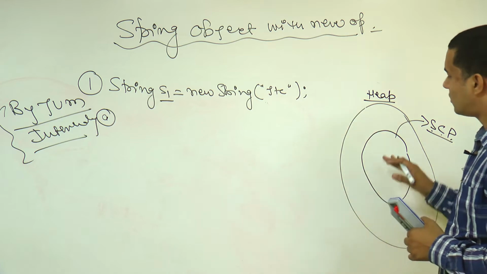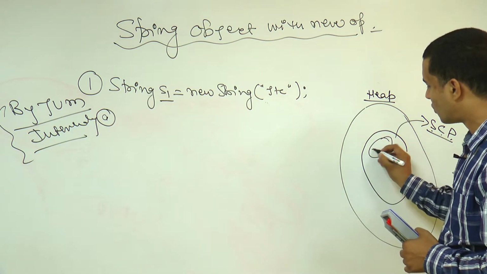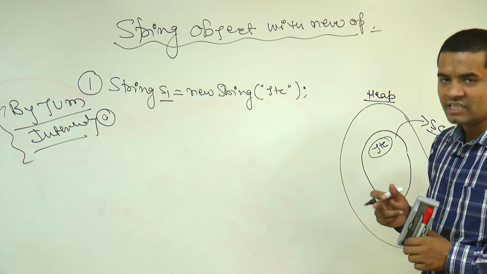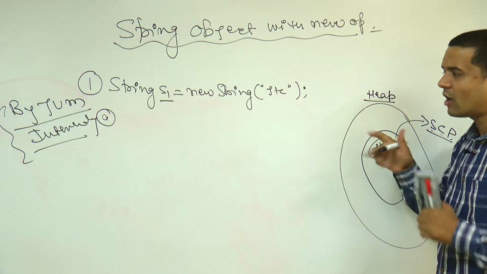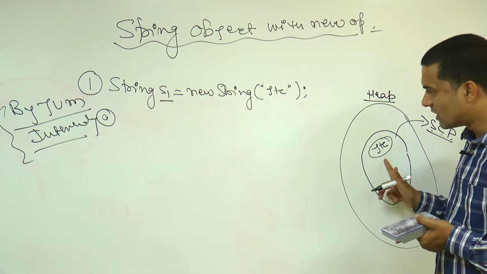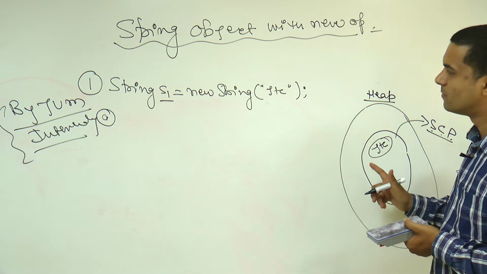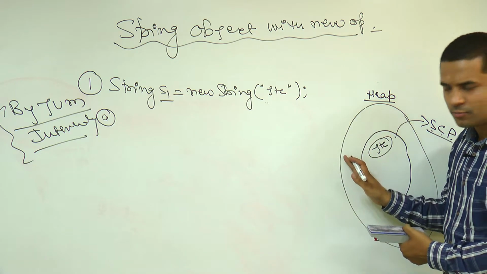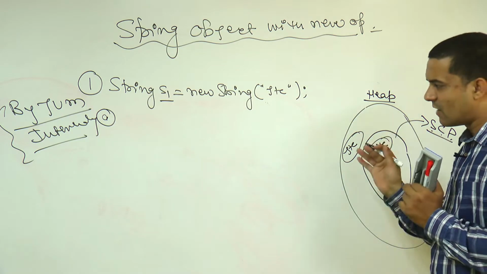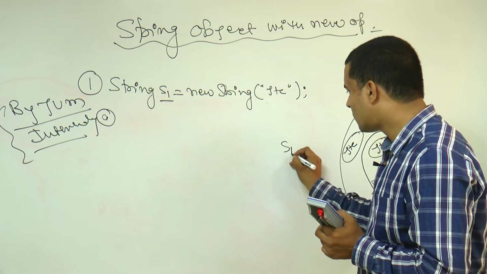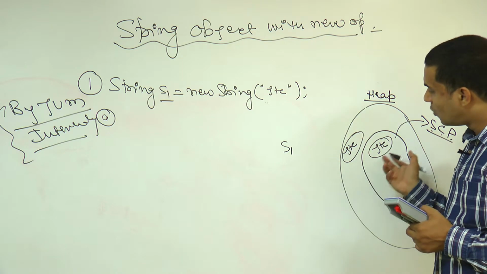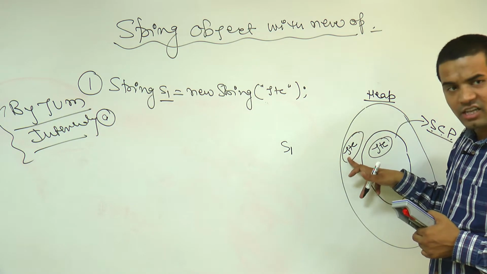In the current situation, this string JTC is not there inside the pool, so it will create one JTC inside the pool first. If any literal you are creating is not there inside the string constant pool, it will create that literal inside the string constant pool, and then it will come out of the string constant pool and create one more literal outside it, inside the heap.